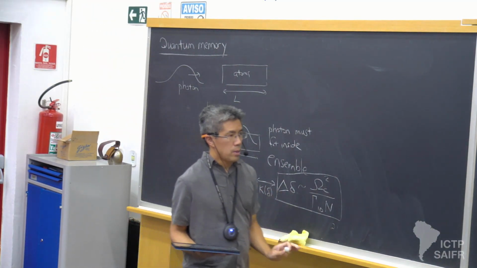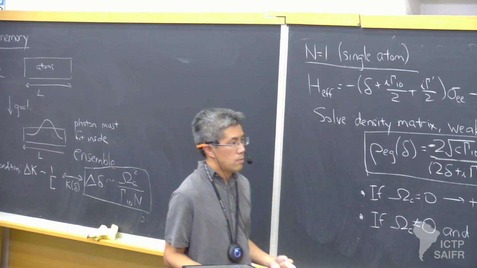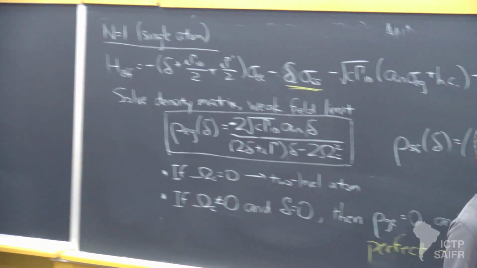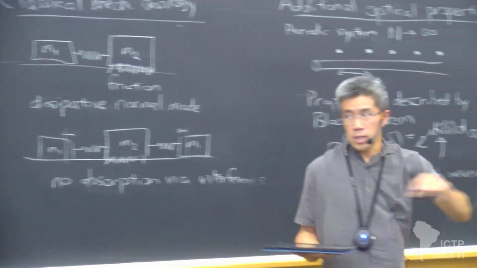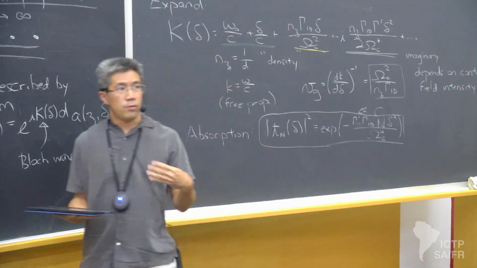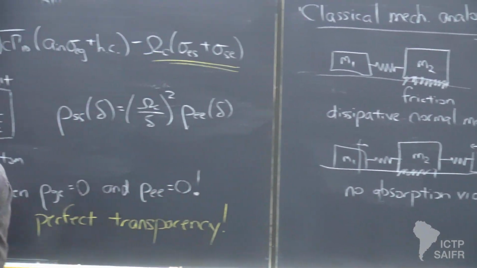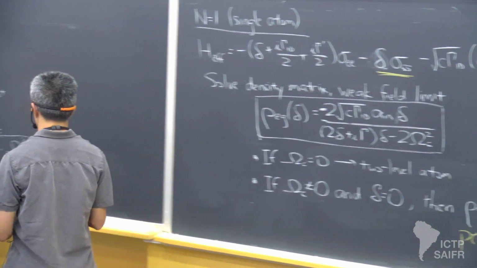And now, once I know my frequency bandwidth, I can plug it into this formula for absorption. Okay, so if I take that particular frequency and plug it into absorption, now I figure out roughly how much that photon gets lost as it tries to propagate through.